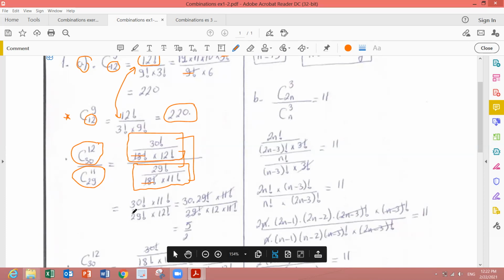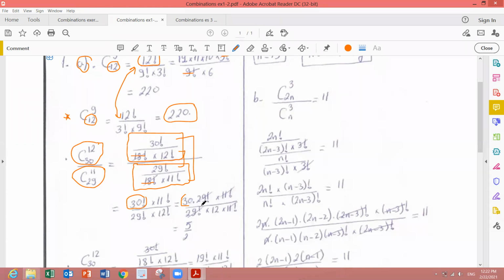Now 30 factorial with 29 factorial, I can simplify them by changing 30 factorial into 30 times 29 factorial. 11 factorial, I leave it 11 factorial. 29 factorial, I leave it 29 factorial. 12 factorial, I change it to 12 times 11 factorial. 11 factorial with 11 factorial simplified. 29 factorial with 29 factorial remains 30 over 12.